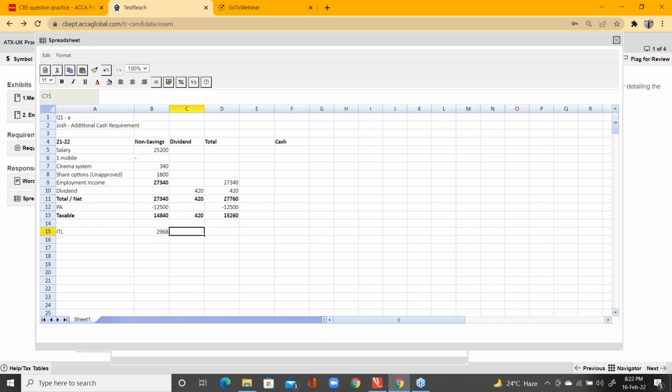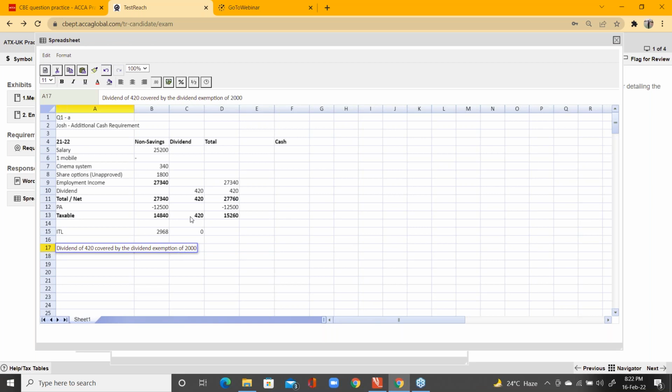And for dividend income, there would be no income tax liability. If you remember, the dividend of 420 is covered by the dividend exemption of 2000.